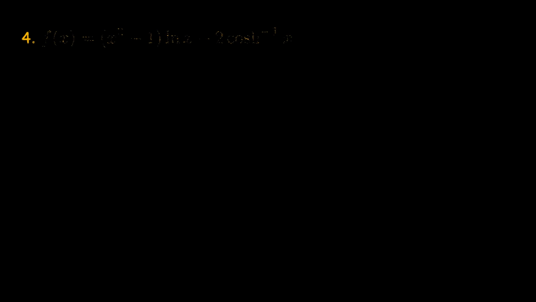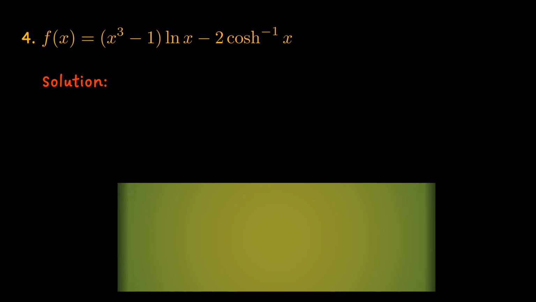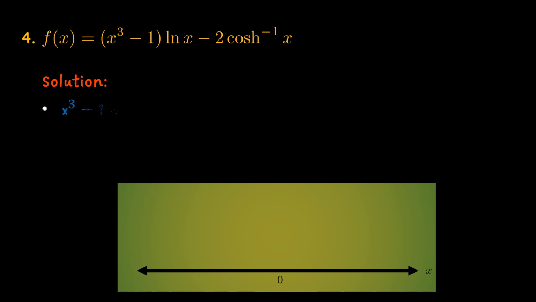Number 4. f of x equals quantity x cubed minus 1 times the natural logarithm of x minus 2 inverse hyperbolic cosine of x. Solution. f can be broken down into three terms. x cubed minus 1 is continuous on the real line.